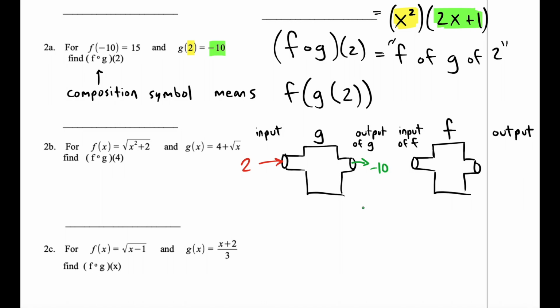But then that -10 will now be used as the input of f. So as we can see here, -10 is the input of f, and then 15 is like the final result after it goes through both machines.